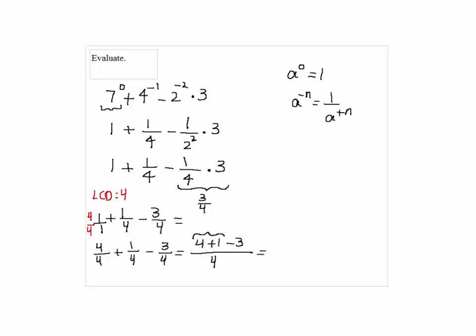I would get 4 plus 1 minus 3 over 4. 4 plus 1 equal to 5. 5 minus 3 would be equal to 2. 2/4. And I reduce this to 1/2.